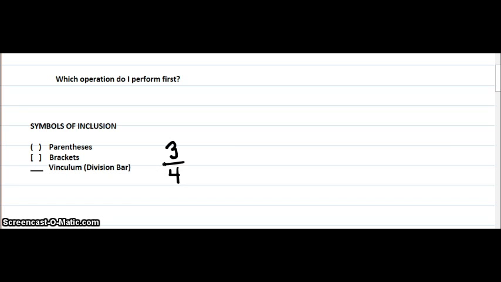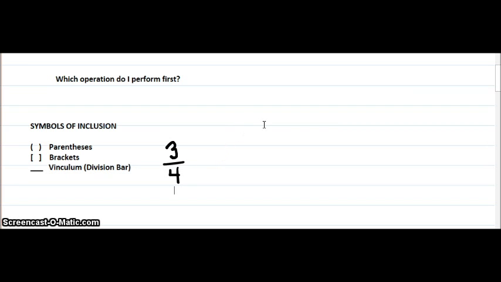So that vinculum acts as a symbol of inclusion to tell us what operations to perform first. Okay, so basically then, whatever operation is inside the parentheses or brackets or above and below the vinculum, those operations are performed first.